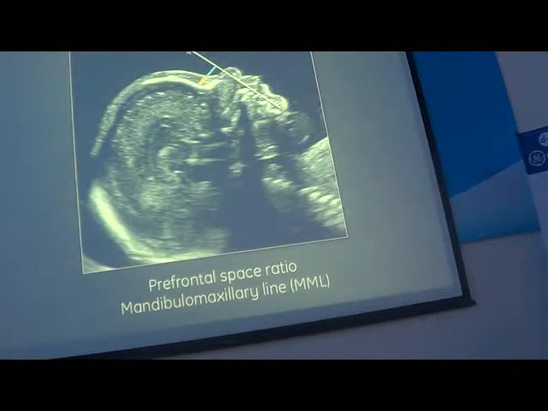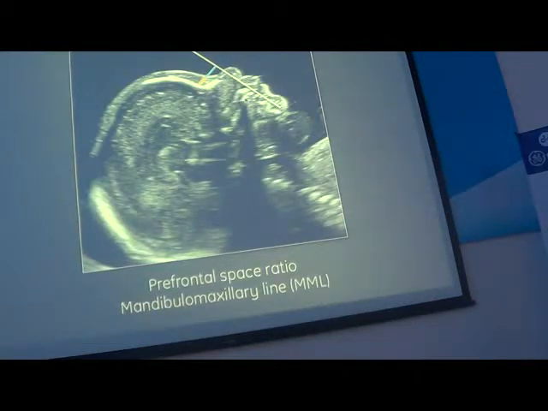This is the easiest section we can do, the section from the upper jaw to the lower jaw. And in a normal face, this distance, the blue one, is always greater than this one, the skin thickness. In a normal fetal face, the blue line is always greater than the orange line.